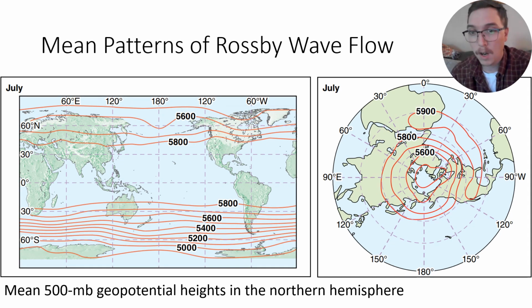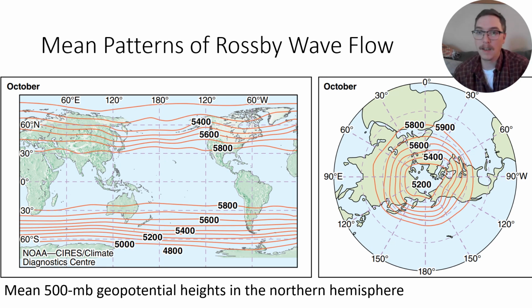July, here's our summer. We can see that 5,800 line is now up in northern United States, throughout the Great Lakes region, into southern British Columbia, and then kind of pushing into central Russia as well. We don't see that 5,200 line. Everything's kind of getting compressed again in the Arctic Circle region.